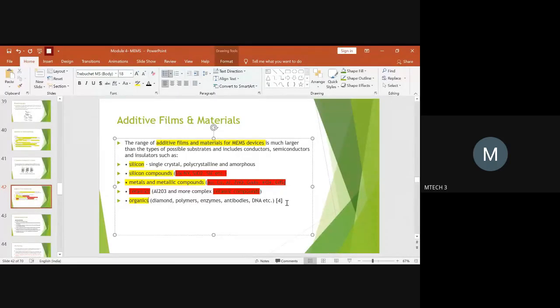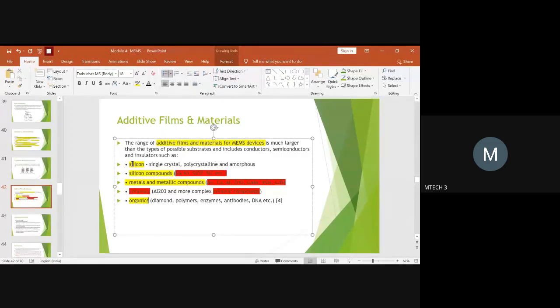So you have different varieties of additive films based on the layer that you are depositing. If you are depositing a layer of silicon compounds, then these are the additive materials. If you are depositing metal and metal compounds on the substrate, these are the additive materials you have to use. And if you are depositing a ceramic layer on the substrate, you should always check the compactness related to the ceramic compounds and how feasible it is to have a bonding, because ceramics are very brittle in nature, so you should be very careful in selecting an additive layer for it.